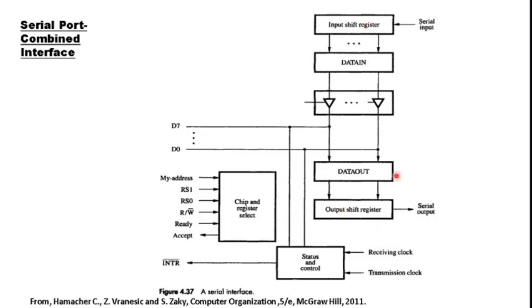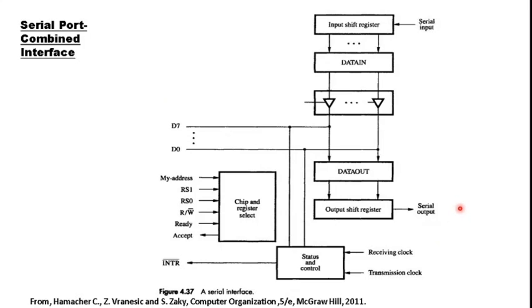So these shift registers are the first critical components of a serial port, or a serial interface, and the main role is to convert serial input or serial output to the required fashion as demanded by the master or by the device. The master requires data in parallel fashion, so this input shift register will accept it in serial form and will convert it to parallel form for the master to read.